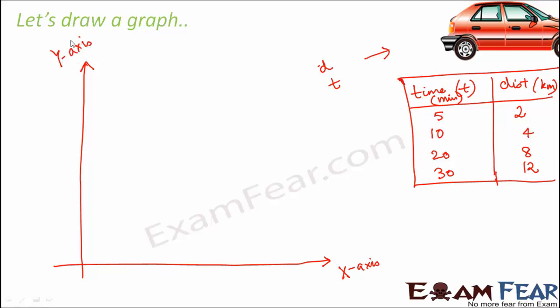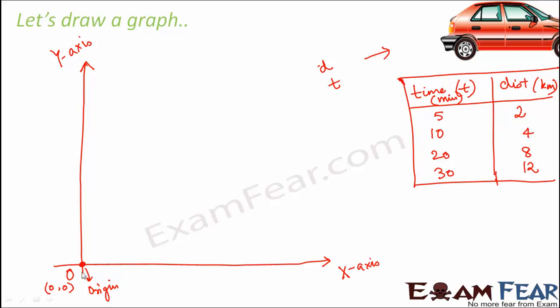The vertical axis is the y-axis, the horizontal one is the x-axis, and this common point is called the origin. At the origin, the value of the x-axis is 0 and the value of the y-axis is also 0. So all the distances, all the measurements are done from the origin.